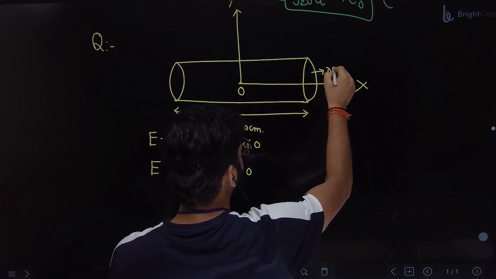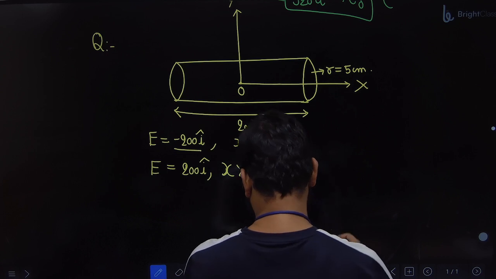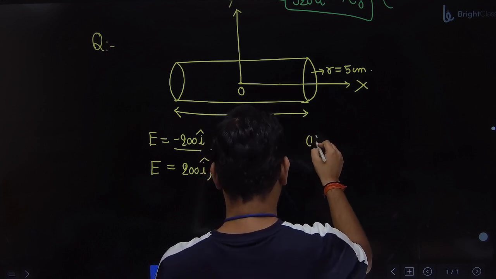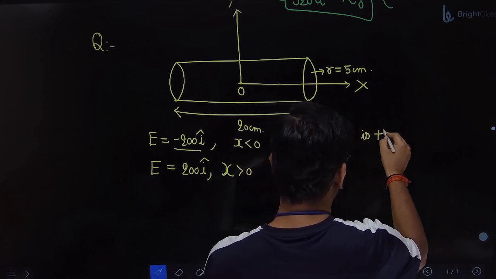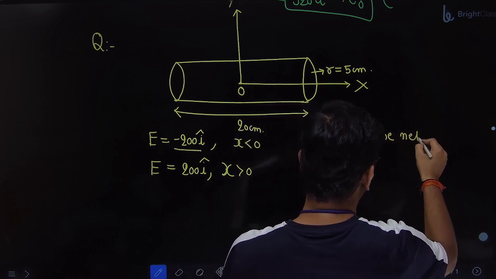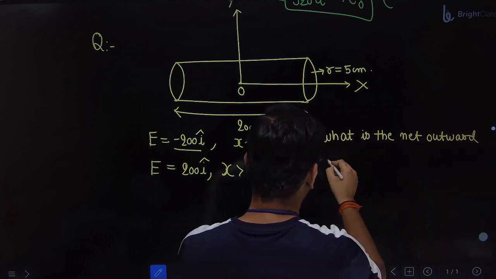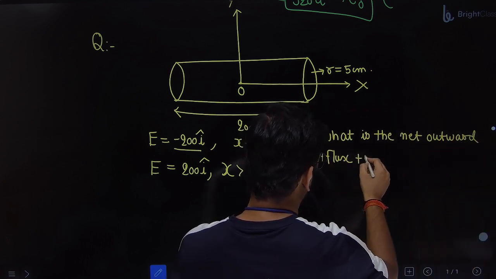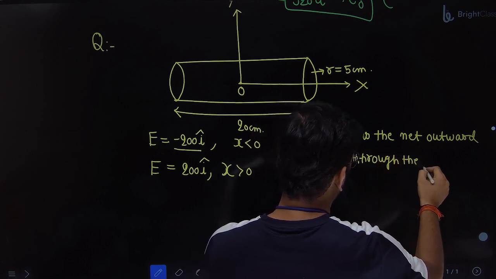Radius is 5 centimeter. So you need to find the first one: what is the net outward flux through the flat face?